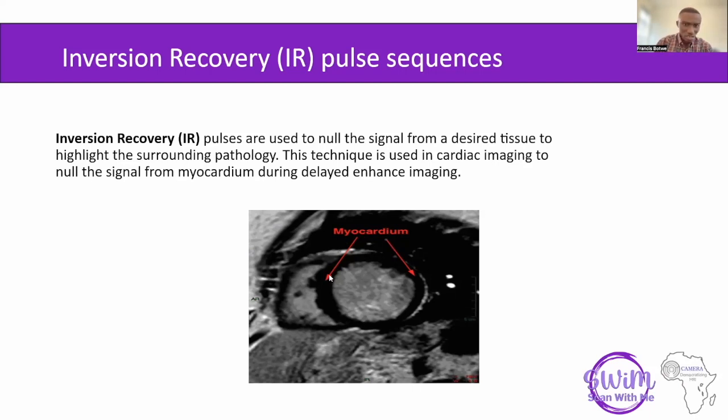As you can see on the image, here we try to suppress the signal from myocardium, so that if there's any other signal coming out of the myocardium, then you may conclude that it's not myocardium, it could be an edema or other pathology. So this is one example of how useful the inversion recovery pulses are. Yeah, we can move on.